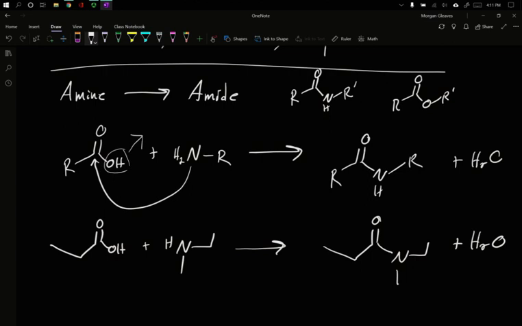So one of the hydrogens is lost on the amine. The OH is lost on the carboxylic acid. Those go together to form the water. And a new bond is formed from the carbon that was double bonded, and still is double bonded to the oxygen, but is now single bonded to the nitrogen instead of to the old OH. And so amines can be used in amide synthesis.